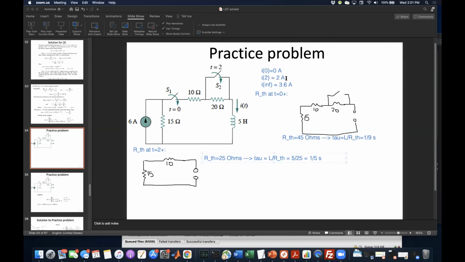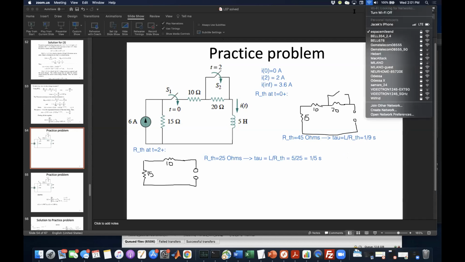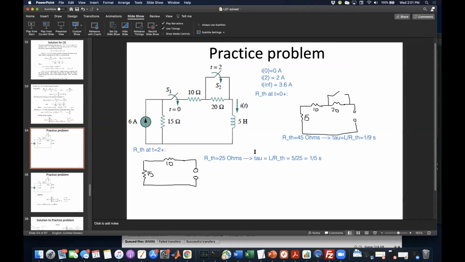We have all the ingredients now for the solution, but we do need to put them together. To put them together, I'm going to write out the 3 segments of the solution.